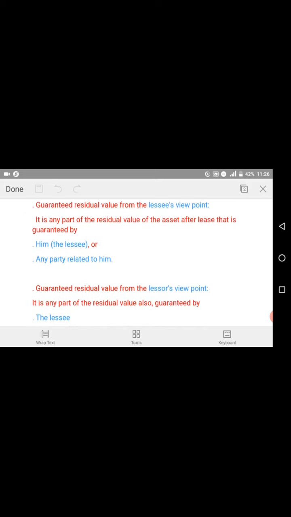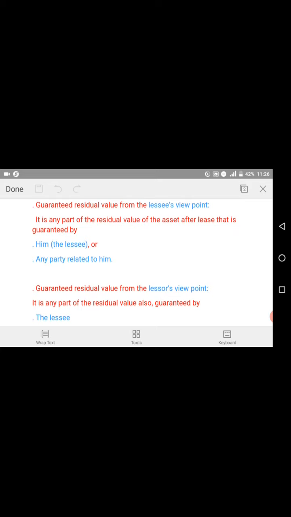Then guaranteed residual value from the lessor's point of view. Before we treated the lessee, now we are treating the lessor. They are two entirely different things, but you could find out that the lessee's point of view is also inside the lessor's point of view, but the lessor's point of view covers one more extra thing which we would take note of here.